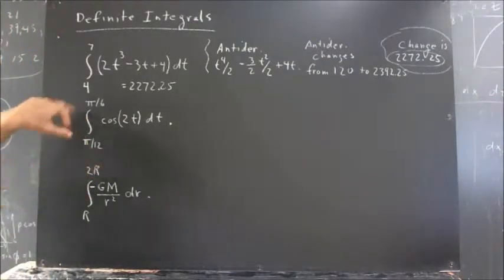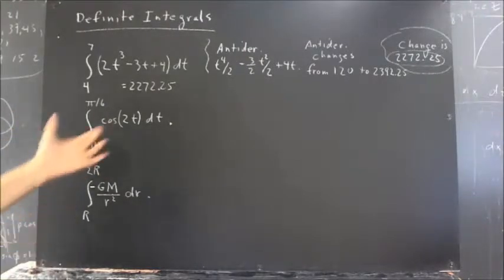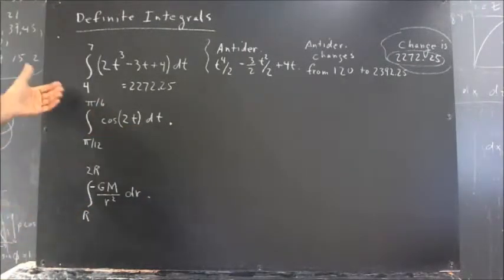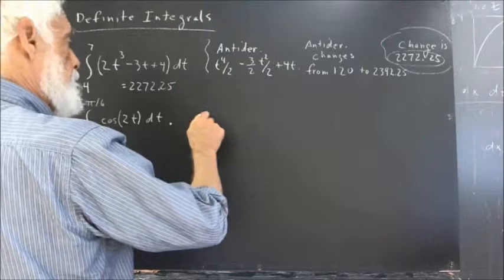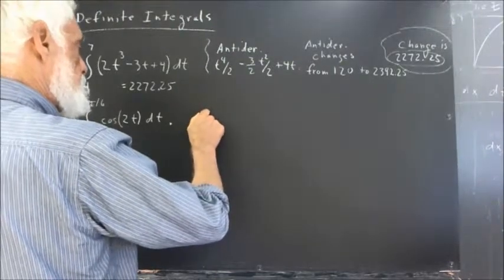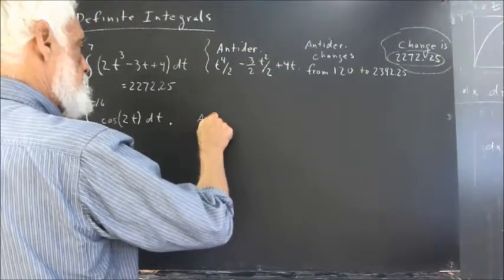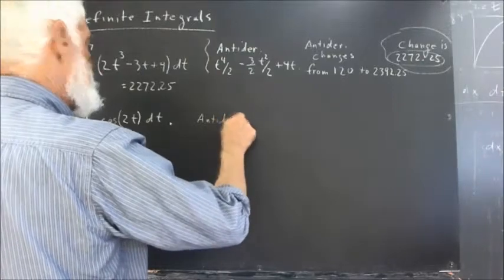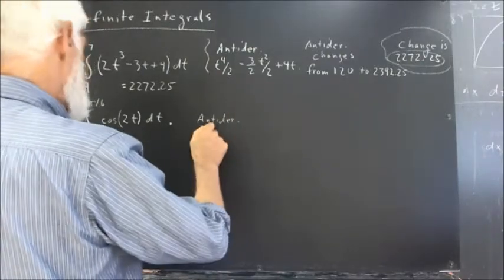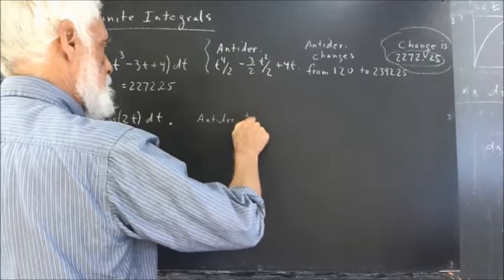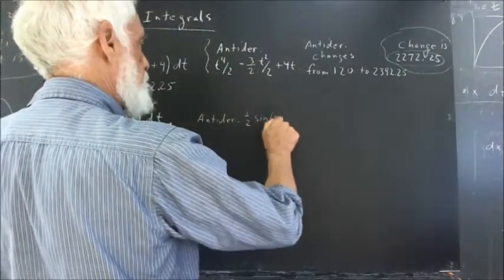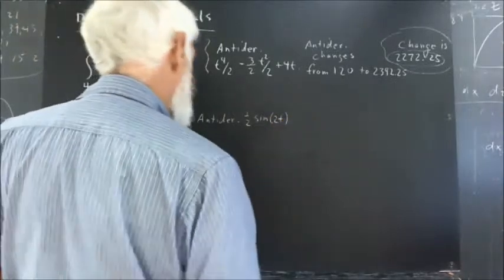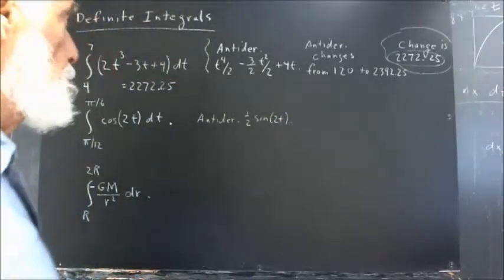Okay, so next example, we have the integral of cosine 2t dt between pi over 12 and pi over 6. The numbers come out fairly simple. Your antiderivative can be taken to be 1/2 the sine of 2t, and that changes from what?